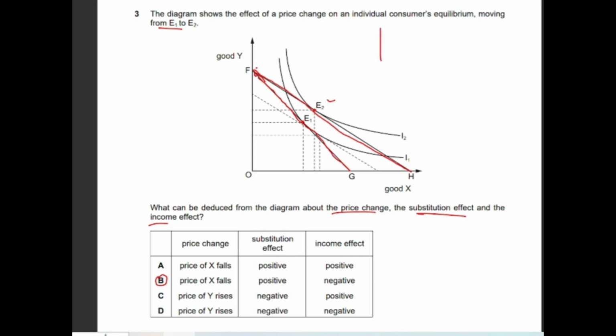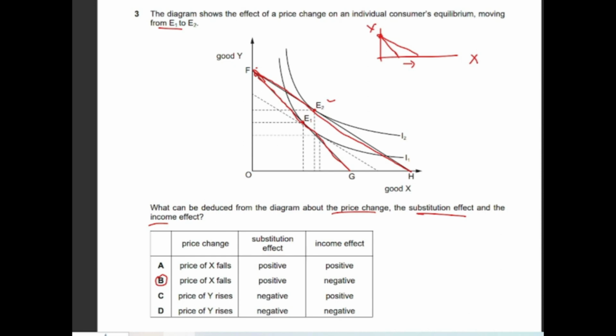Keep in mind, when a budget line shifts pivotally like this, it happens because of a fall in the price of good X. This is good X. If the price of good X falls and the price of Y remains the same, then the combination on the Y axis will remain the same, but the combination on X will move to the right.